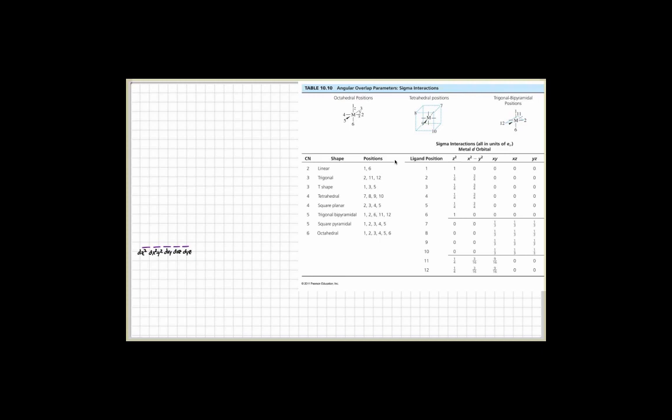And then in an octahedral complex, we'd have 6 ligand group orbitals, so sigma orbitals with symmetry that would be pointed at the metal, appropriate for sigma bonding to the metal d orbitals. Each of those ligands will have a pair of electrons.